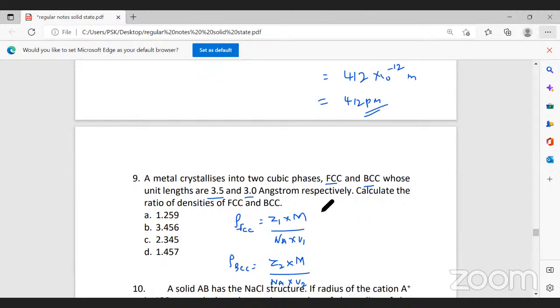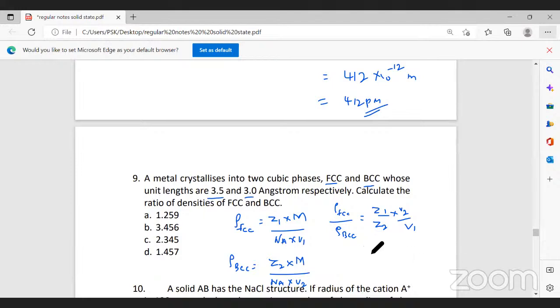So if I divide the density of FCC by the density of BCC, what do I get? I get the value Z1 divided by Z2 into V2 divided by V1. Correct. They've given a for FCC, and they've given a for BCC.